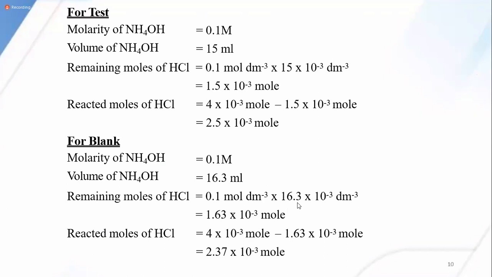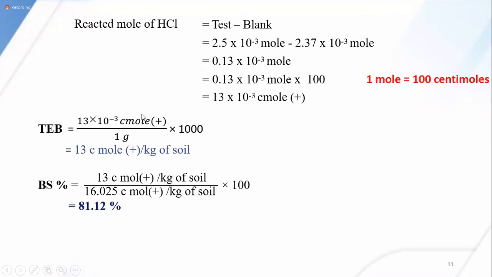Then you have to find the total reacted amount of HCl by subtracting the blank mole of HCl from the test. So you have to subtract the 2.37 into 10 to the power minus 3 from 2.5, and from that you will get the answer, 0.13 into 10 to the power minus 3.